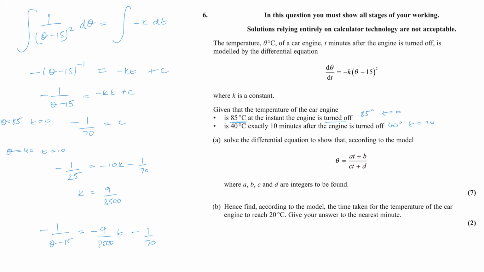Theta equals, they're all minuses, so taking the ones from the left to the right and the ones from the right to the left, I can end up with this. Now on the right we've got 9t over 3,500. Now times 70 by 50 will give me 3,500, so plus 50.